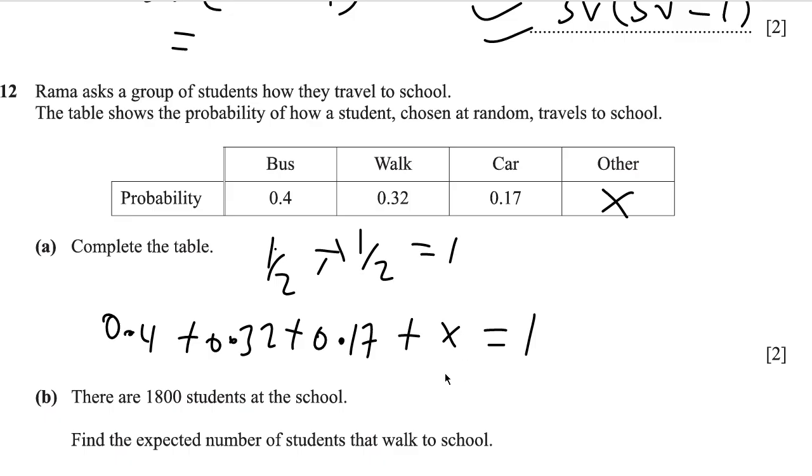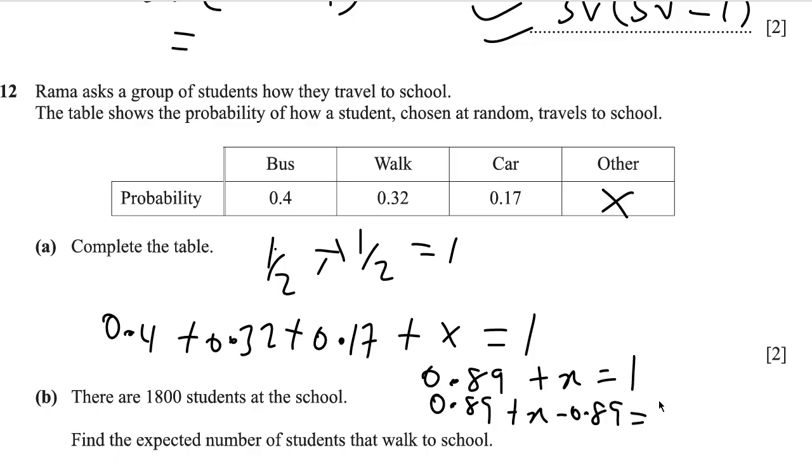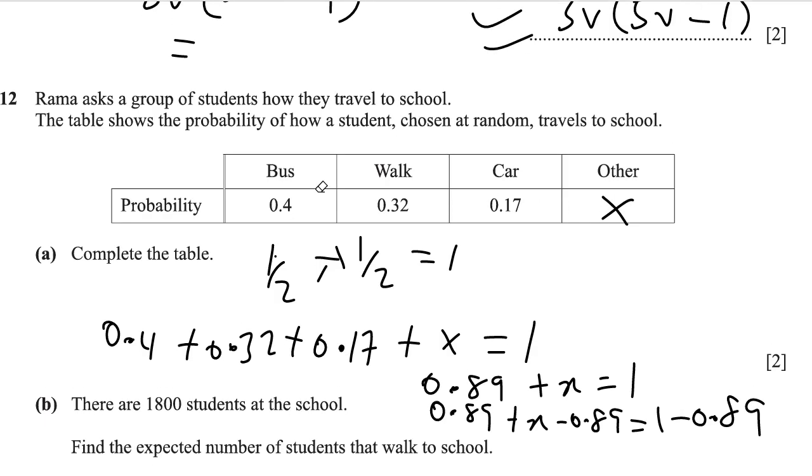So 0.89 plus x is equal to 1. We subtract 0.89 from both sides, and we have x equals 1 minus 0.89, which is 0.11. So that's the value of x.